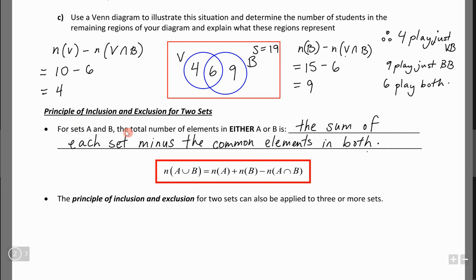Okay, so for sets A and B, the total number of elements in either A or B is the sum of each set minus the common elements in both. That just makes sense, right?